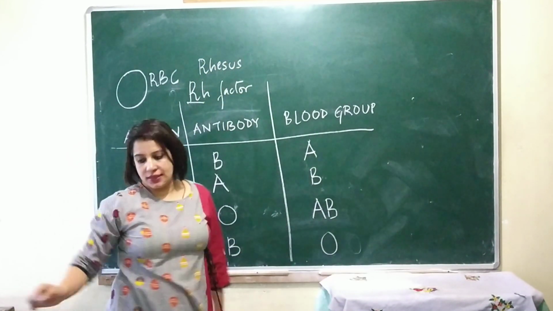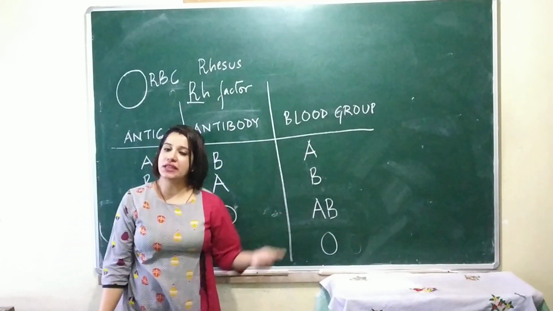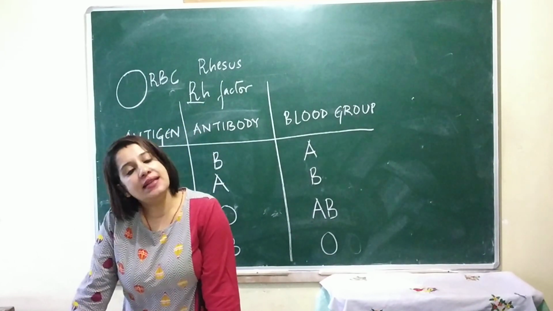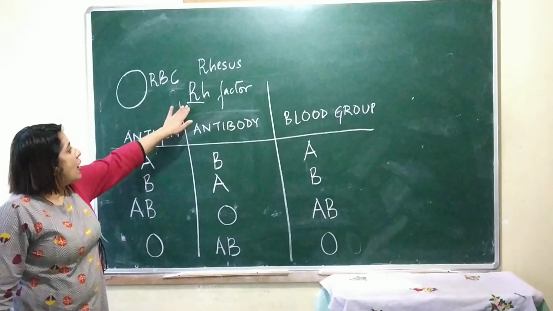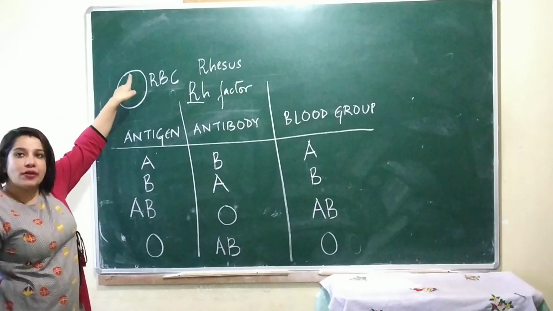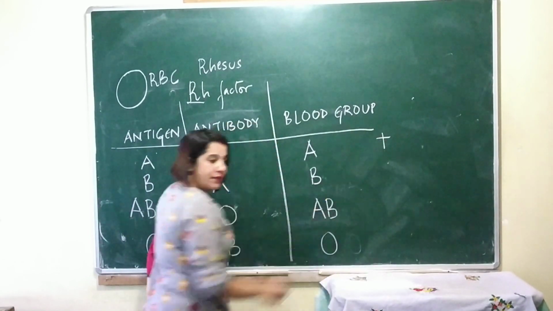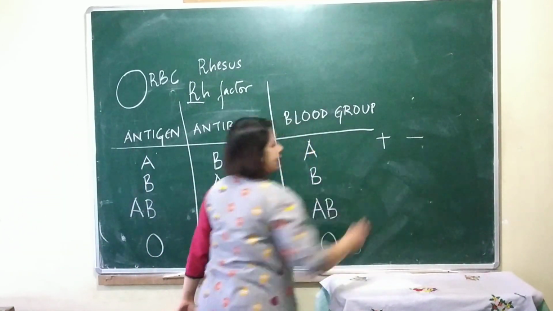Rhesus is a type of monkey. Now this factor, this protein, was first found in the rhesus monkey, hence the name Rh factor. So if Rh factor is present in your erythrocytes, then your blood group will be positive. If it is absent, it will be negative.